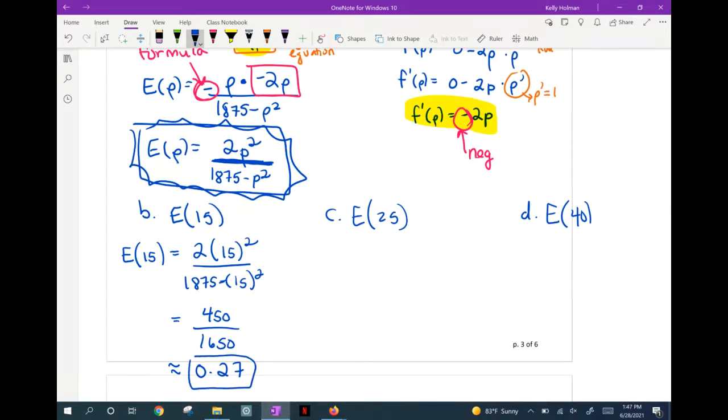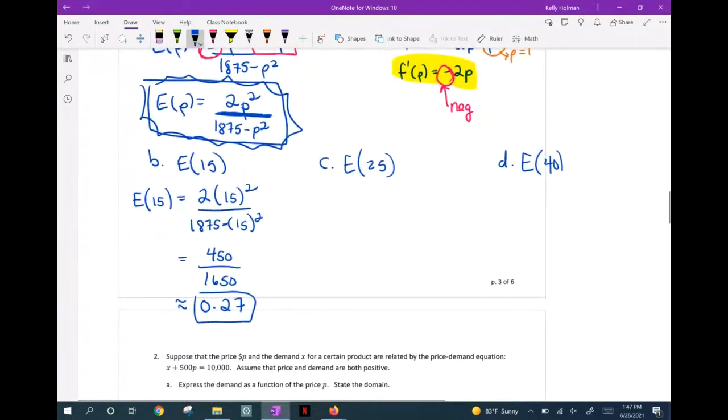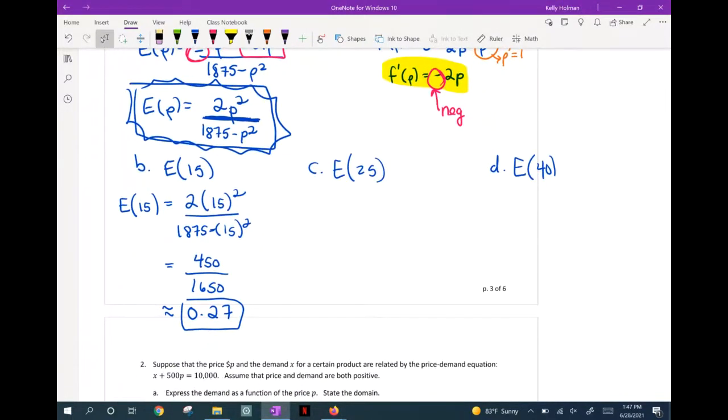Okay, can anyone confirm 0.27? Did anyone else get that? Let me type it in again. Oh, good. Okay, cool. Awesome. So what does that mean? We need to interpret this. Which of the three cases does this fall into?